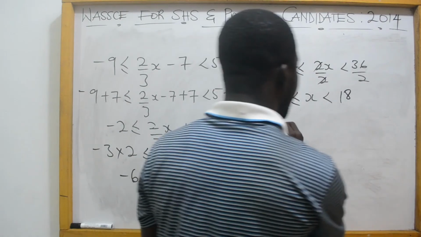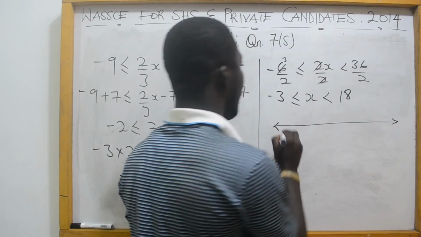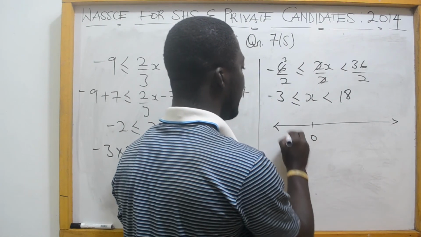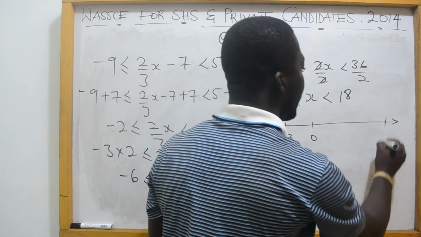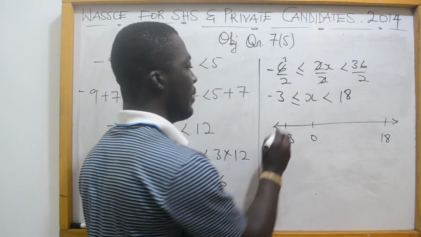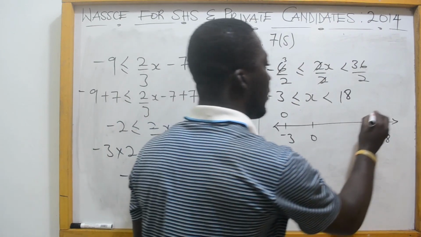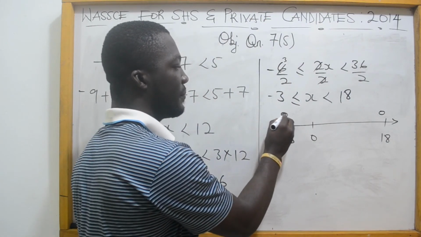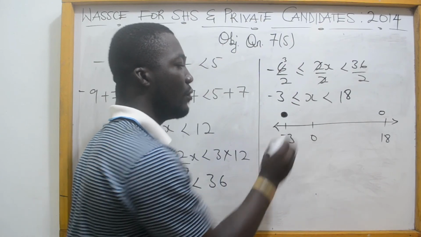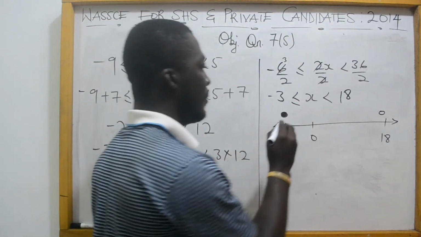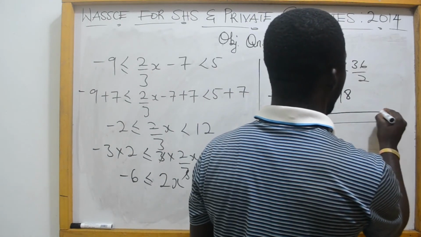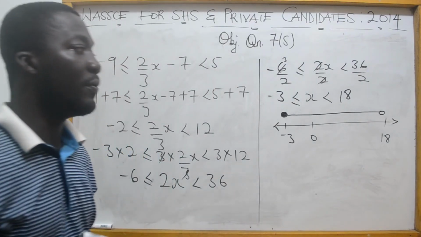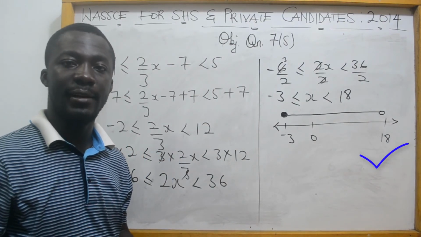If you want to represent this on the line, we will have 0 here, -3 here, and 18 there. So we draw our two circles. Since the -3 has the less or equal to, we shade the circle and join the two. So this will be the number line.